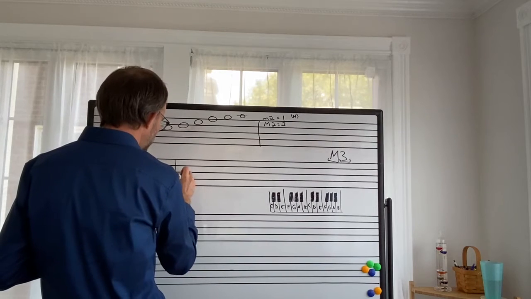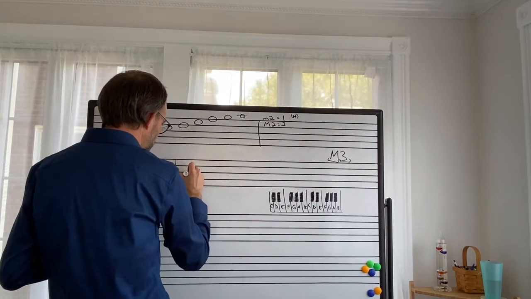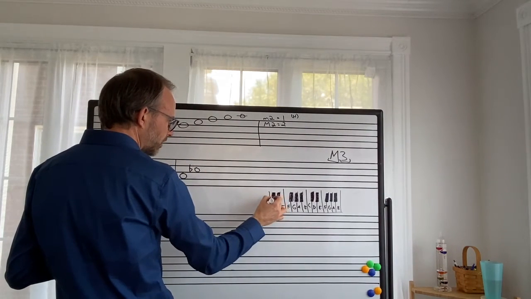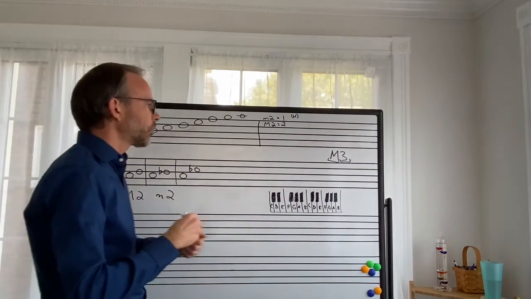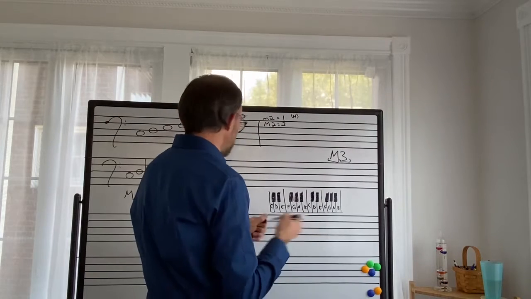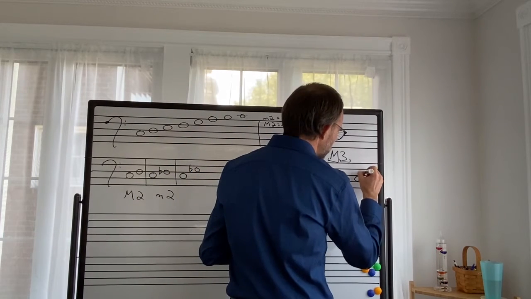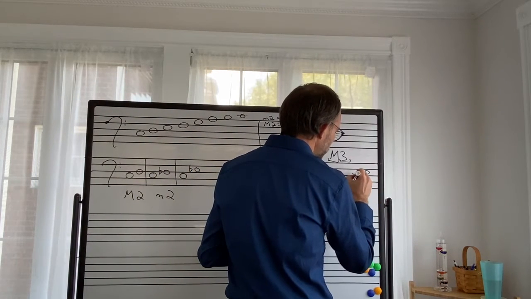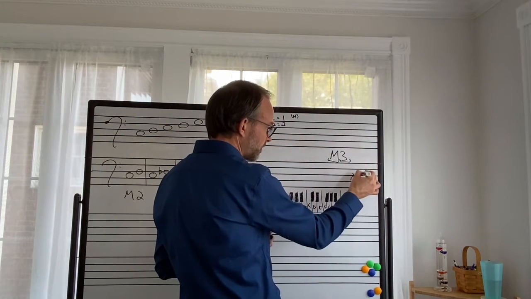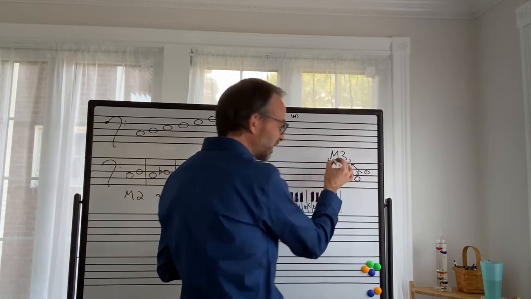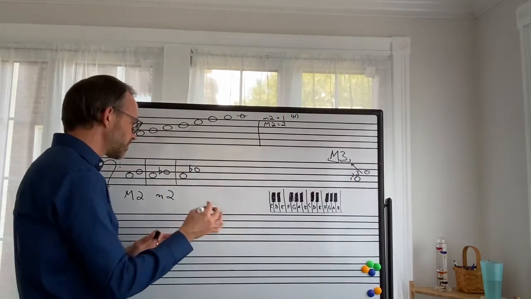So let's take a look over here. If we go from C to E flat, 1, 2, 3 half steps. And by the way, I should say, when we were talking about the general interval, you will count the bottom note. So 1, 2, 3. That gives us the third. When you're finding this part, you don't count the first spot.